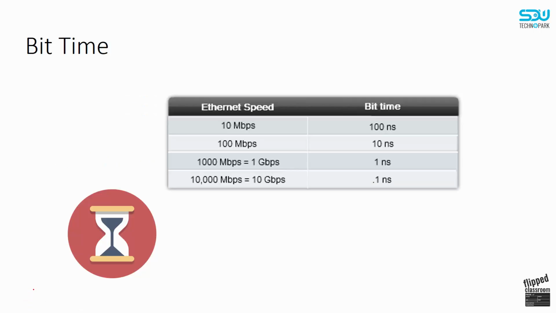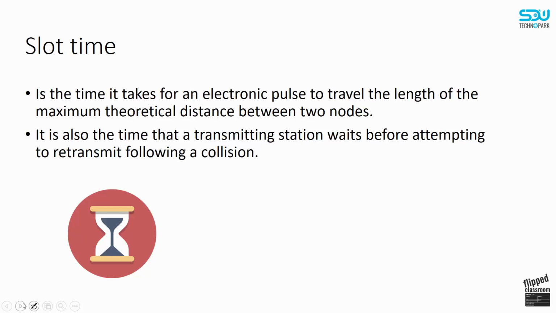As you see here, for different speeds we have different bit times. For 10 megabits per second, it requires 100 nanoseconds to generate a 1 bit signal. For 100 megabits per second it is 10 nanoseconds, for 1 gigabit it is 1 nanosecond, and for 10 gigabits it is 0.1 nanosecond to produce 1 bit.